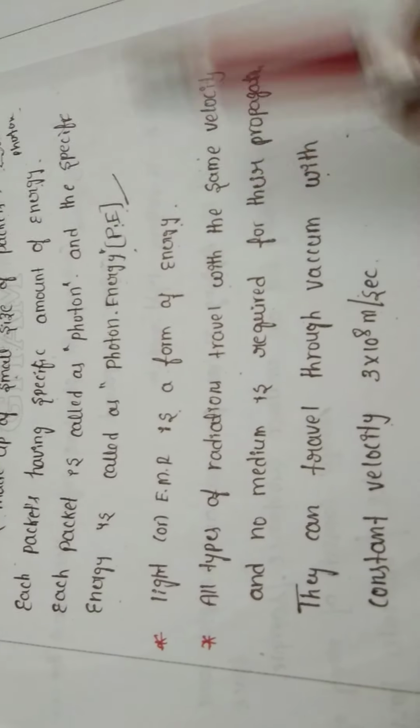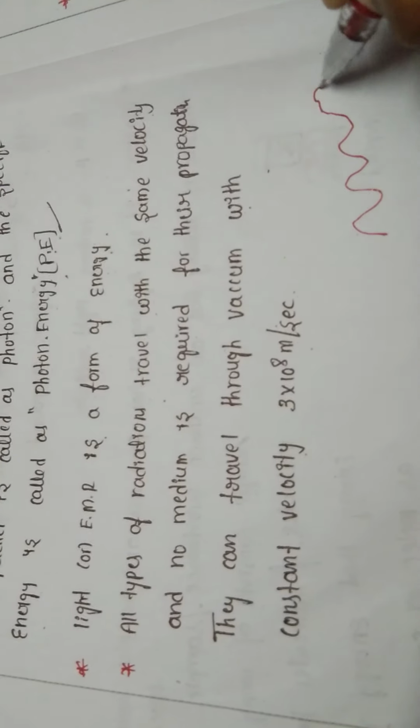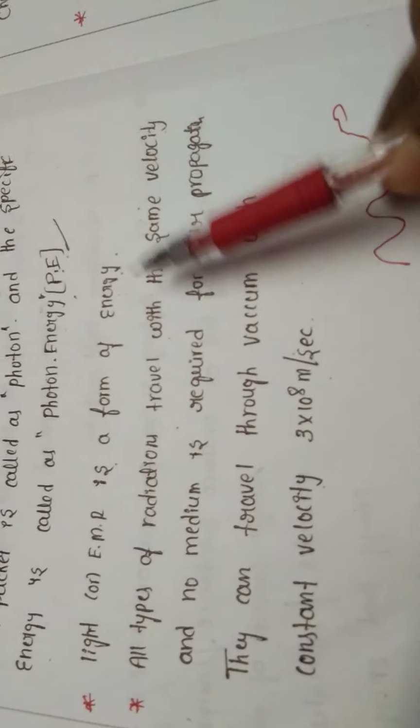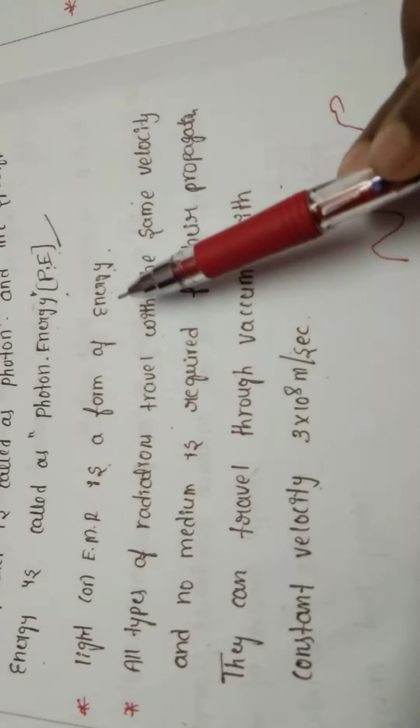Any type of radiation travels in wave motion. All types of radiation travel with the same velocity, and no medium is required for their propagation. They can travel in a vacuum also with a constant velocity. That velocity is 3 × 10^8 meters per second. This is the velocity of light.